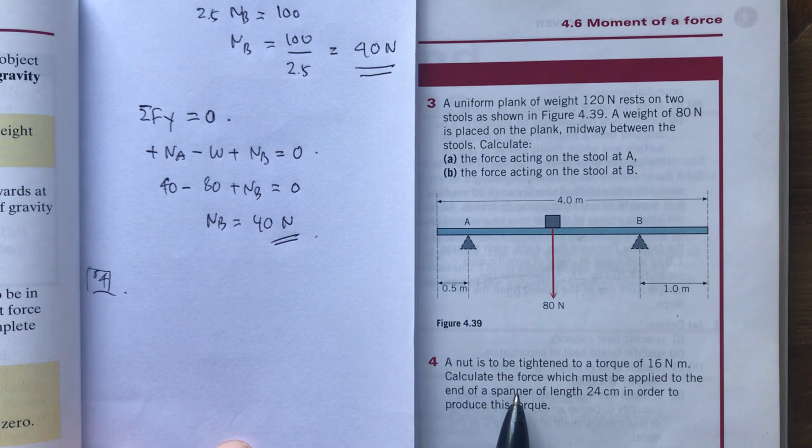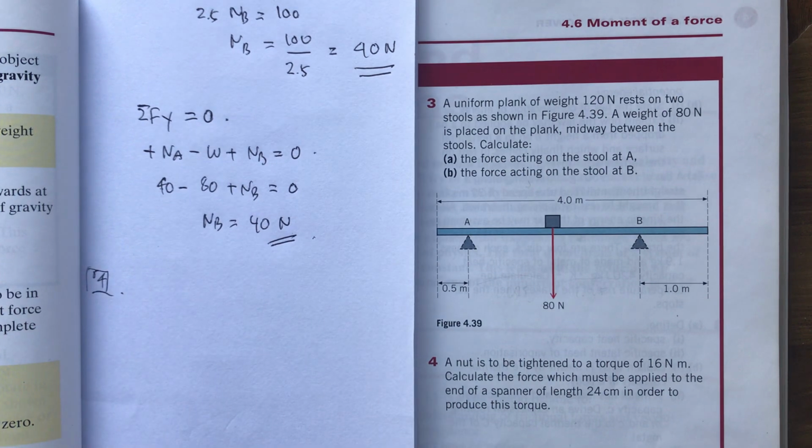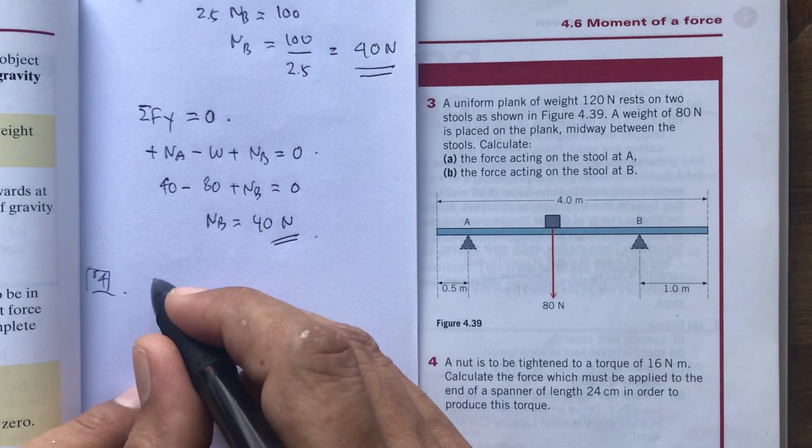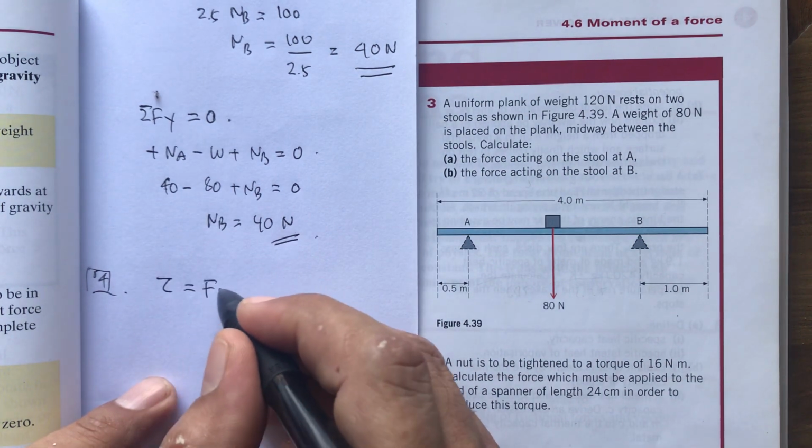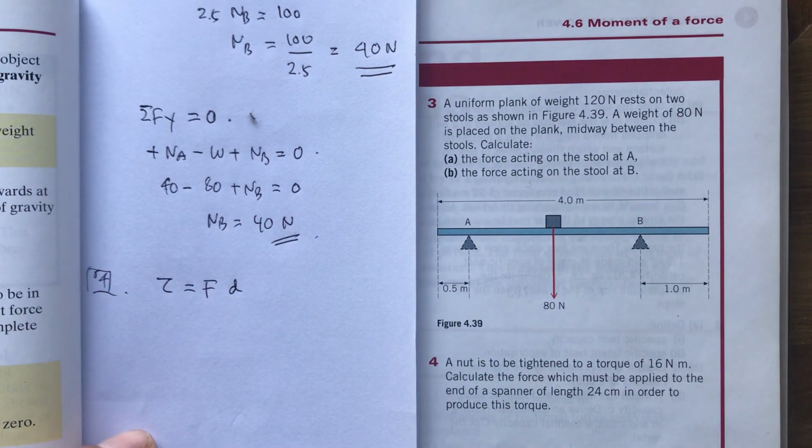A nut needs a torque of 16 Newton meters. Calculate the force which must be applied to the end of a spanner of length 24 centimeters in order to produce the torque. Oh, so easy. Torque is force times distance.